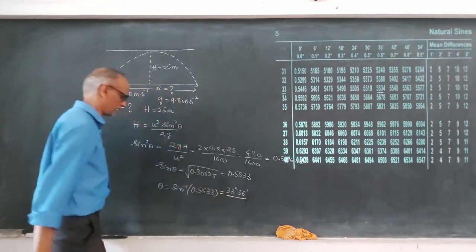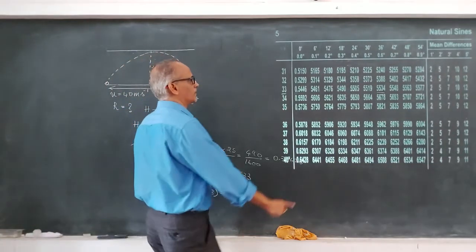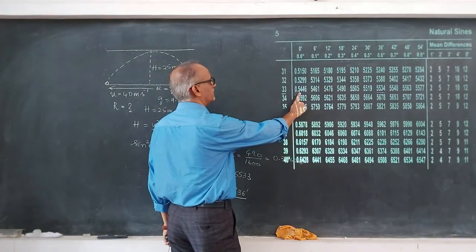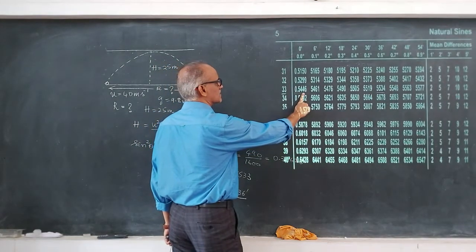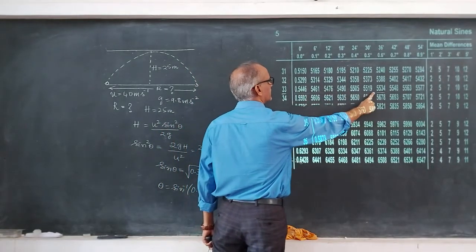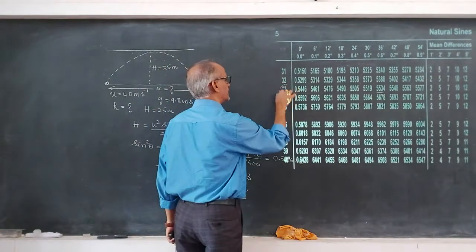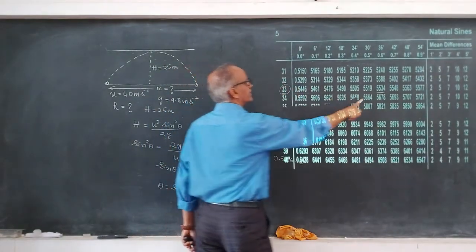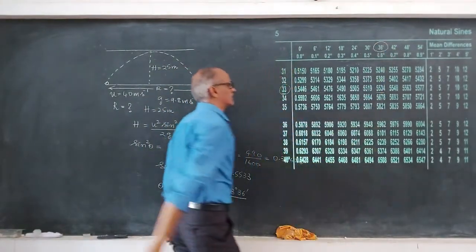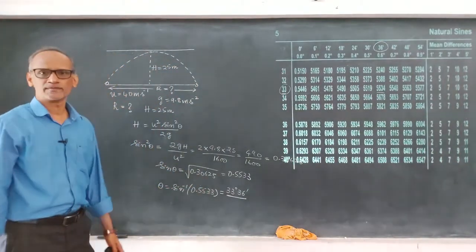See, this is 0.5446, 0.5461 and so on. So here we get 0.5534, which is the nearest to this. Therefore the angle is 33 degree, 36 minutes is the value of theta.